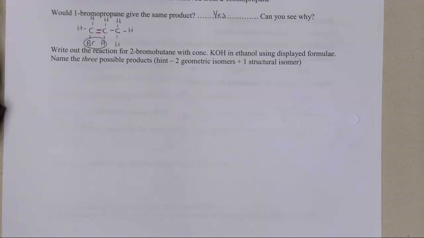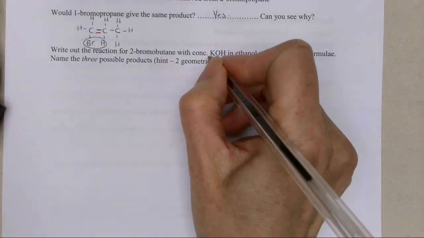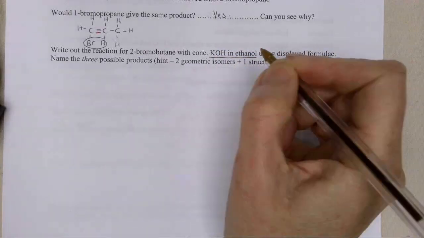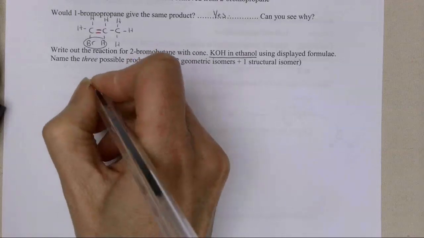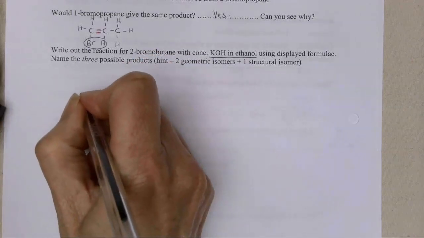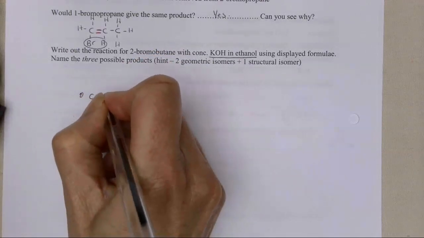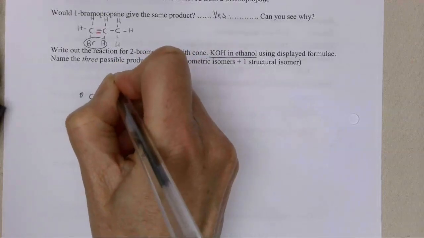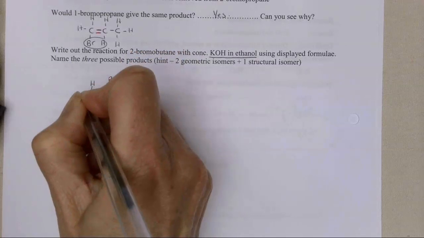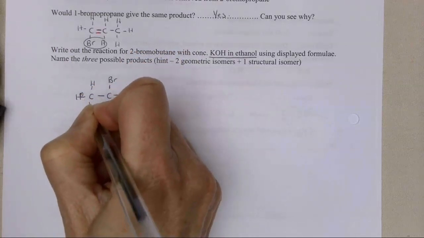Okay, but when you deal with something like 2-bromobutane, again with concentrated potassium hydroxide, again in ethanol, so here again the hydroxide is acting as that base, we have a bit of an issue. So if we draw out 2-bromobutane, we've got the bromo on this second carbon.